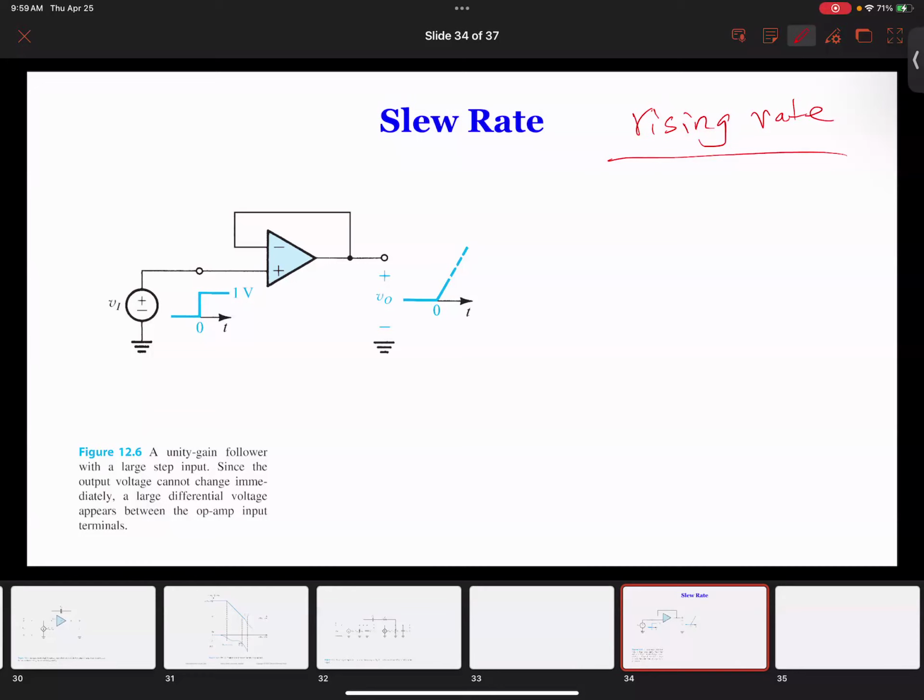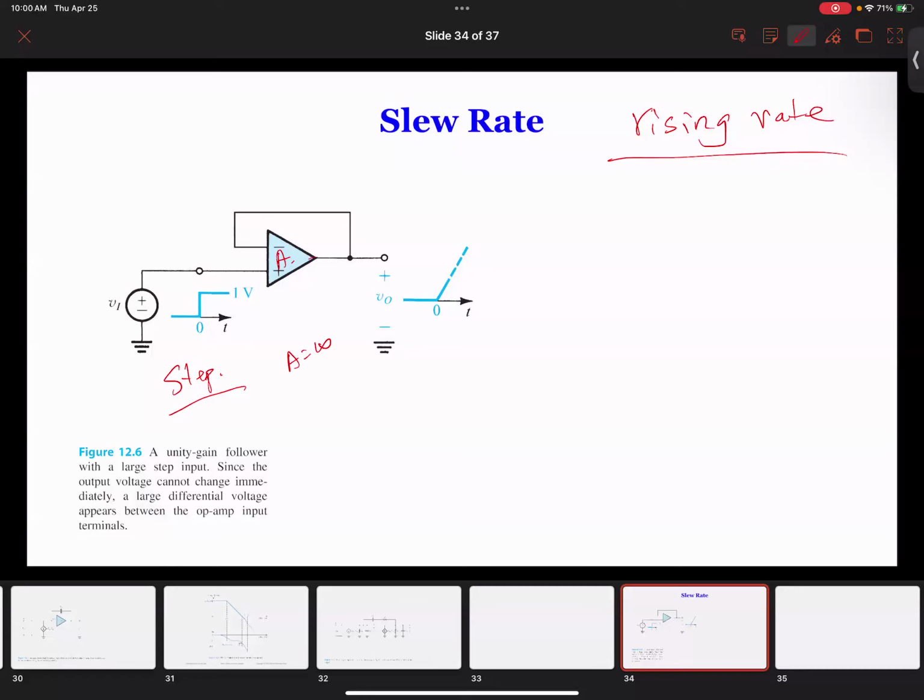So the slew rate definition is this: if you have an amplifier with a gain A, and you have a step function input. Ideally, if your gain is infinity, you would get the output to jump from 0 to maximum right away.